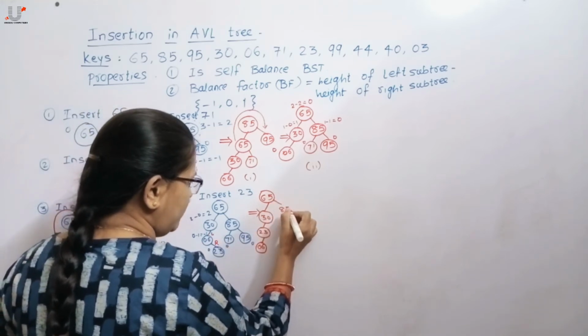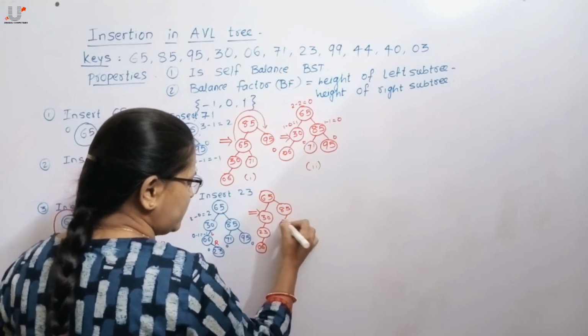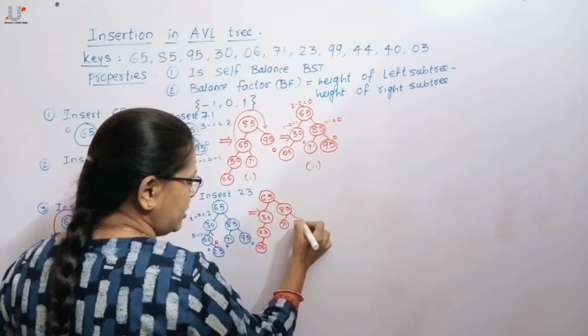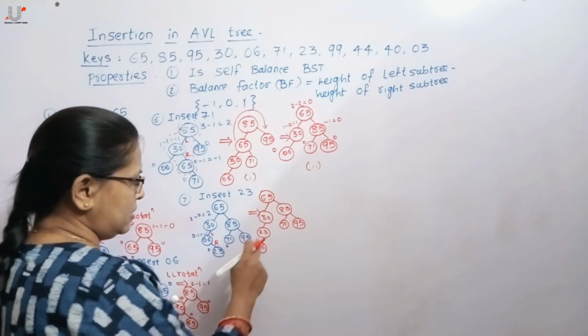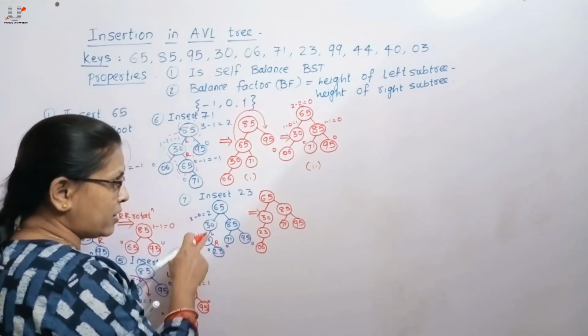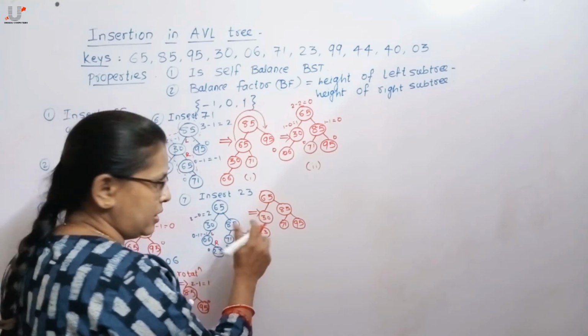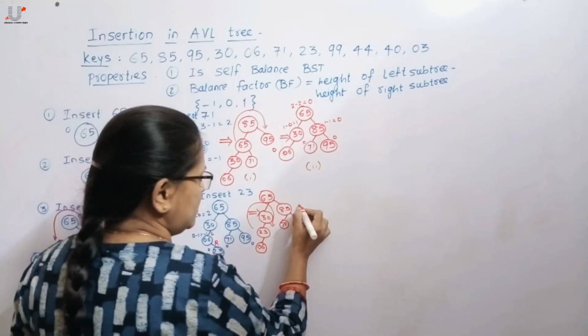Then 85 to the right of 65, 71 to the left of 85, and to the right of 85 is 95. Now we have to apply one right rotation between this 30 and 23. One right rotation.